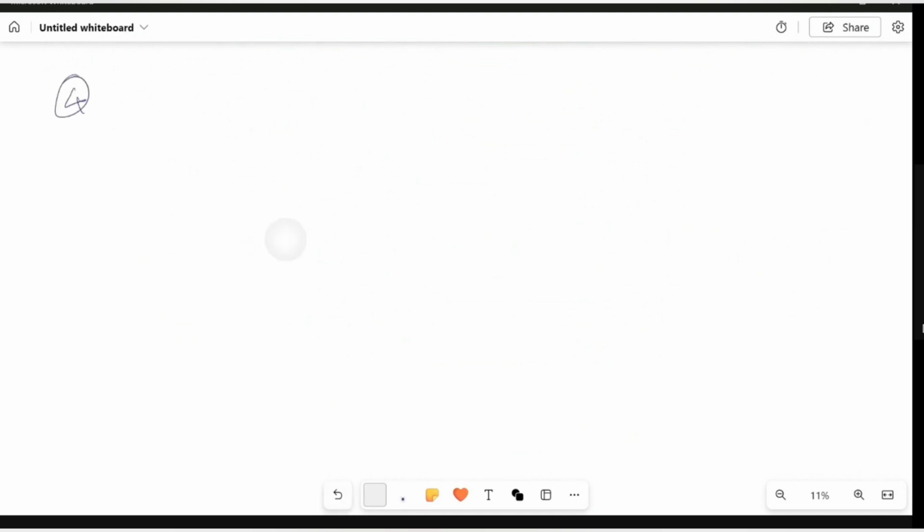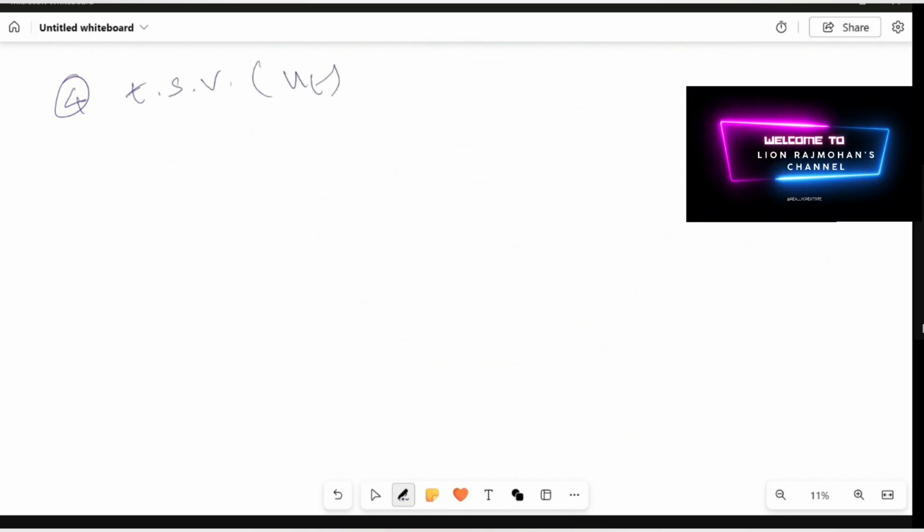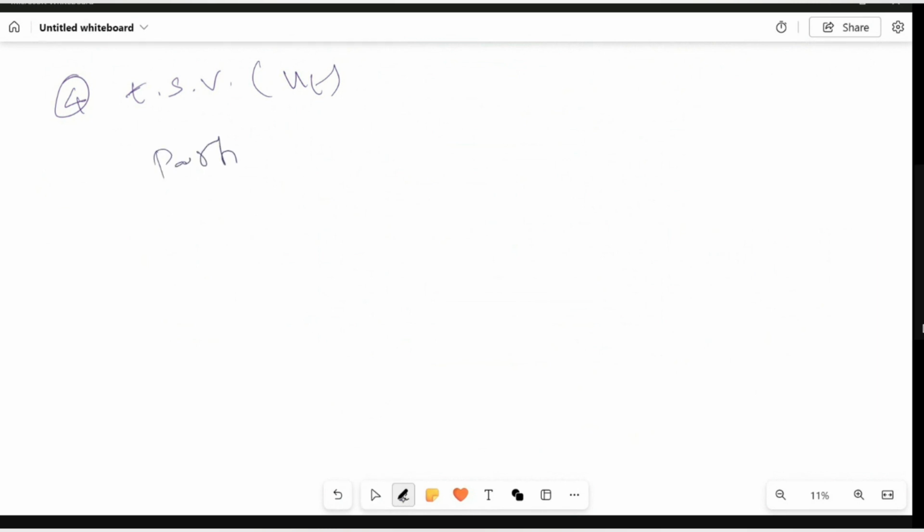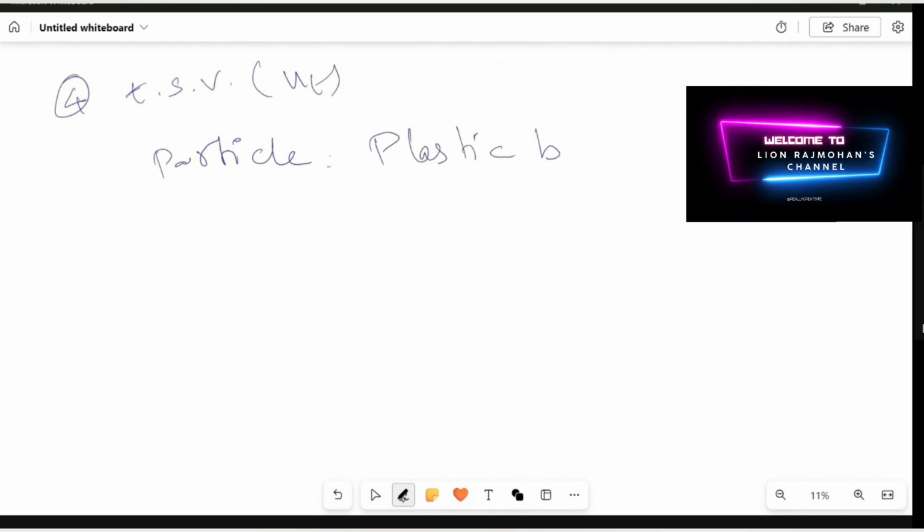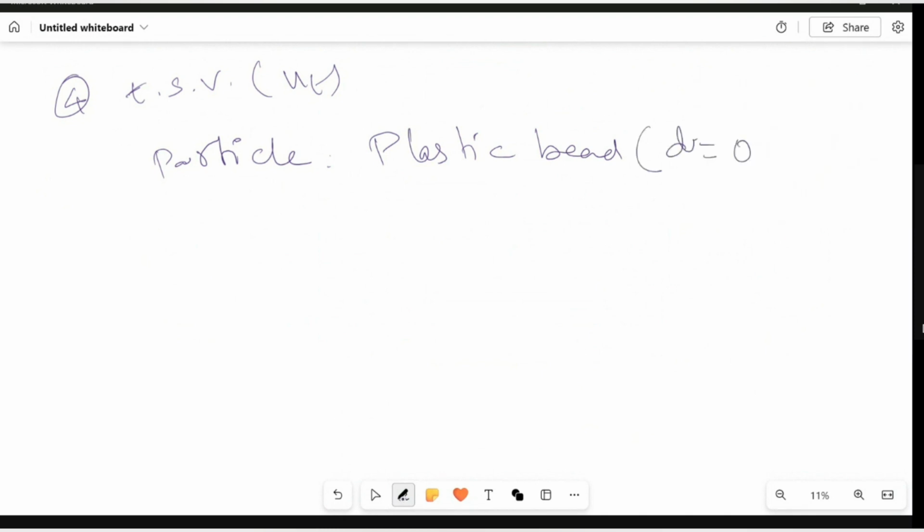Fourth one. Again find out the terminal settling velocity, that is UT, for a plastic bead with diameter 0.03 mm.